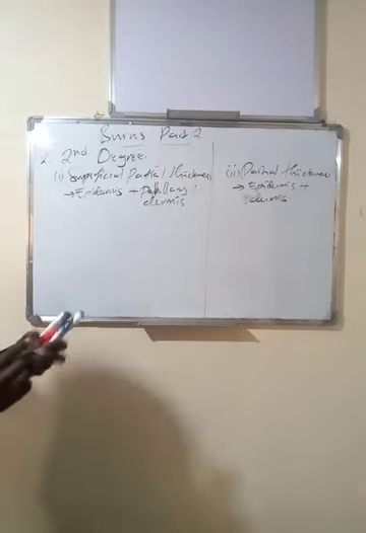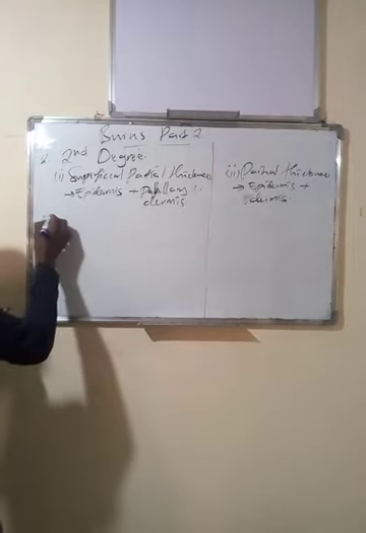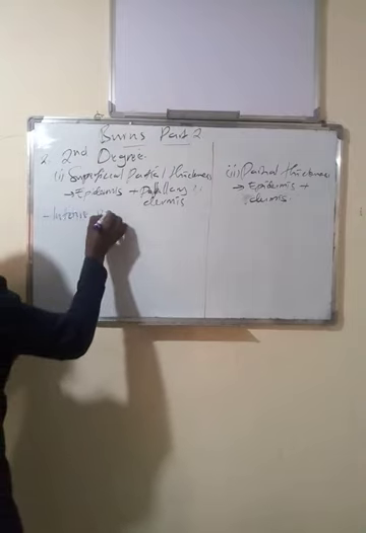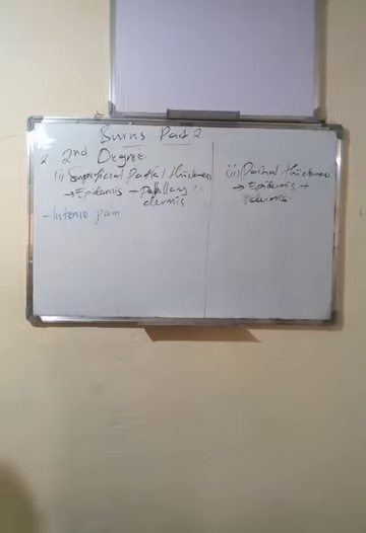With the first one, what we find is that there is intense pain. There is a lot of pain. So these patients are going to complain of a lot of pain. I'm sure a good number of you have had these kinds of pains before.